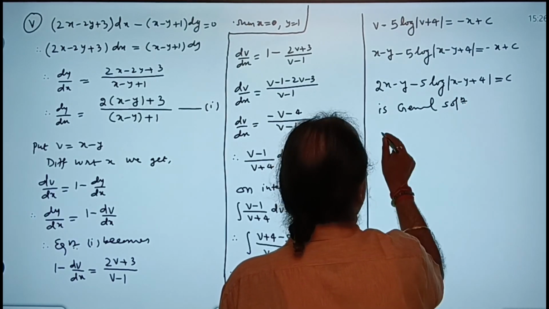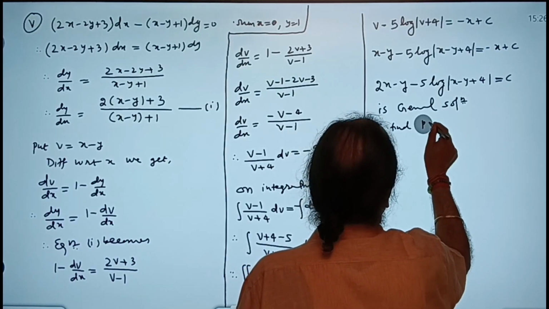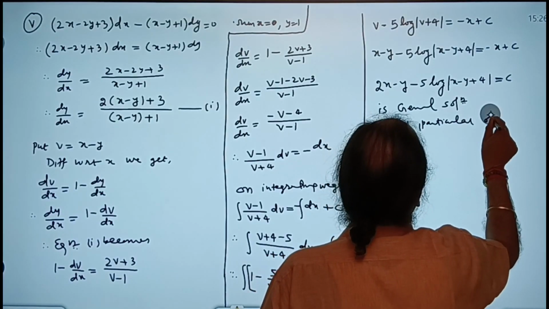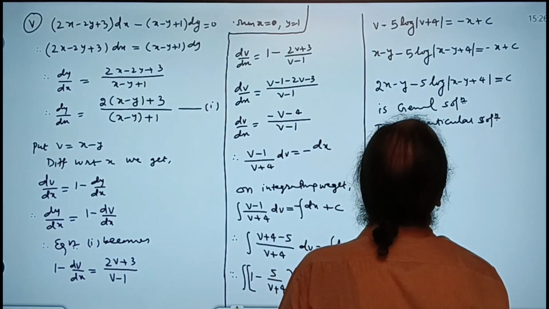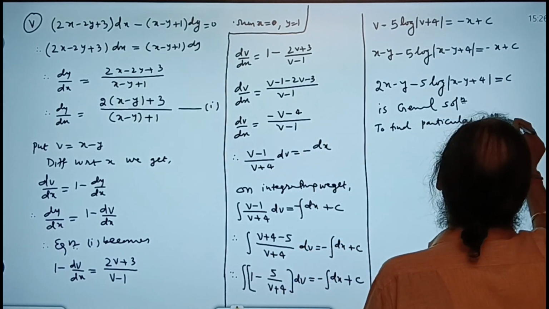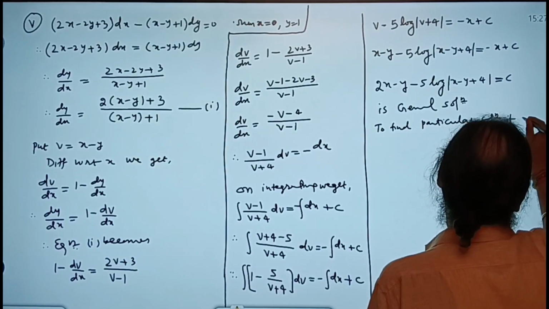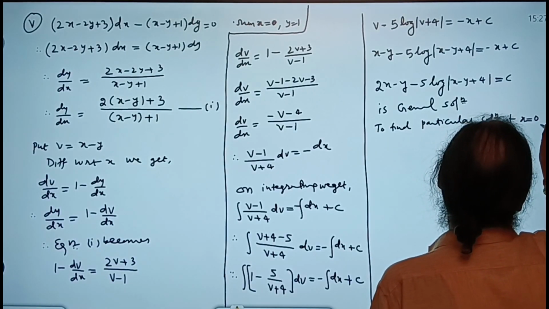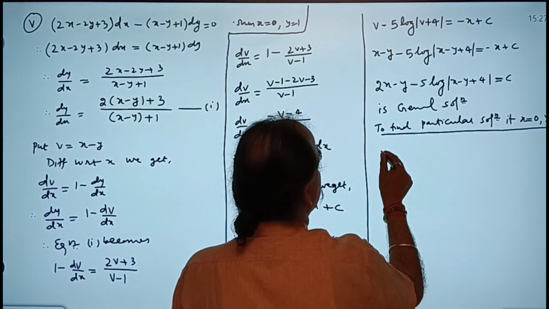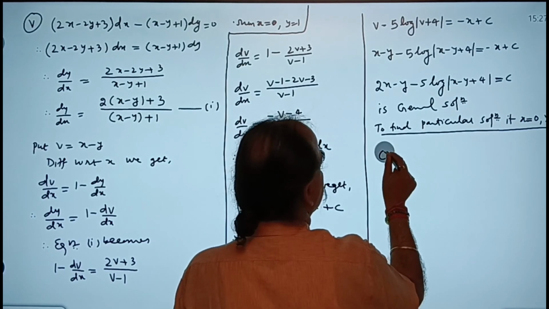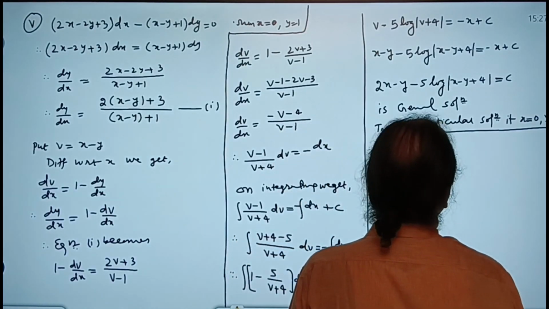To find the particular solution, put x 0, y 1: 0 minus 1 plus 4 is what? 3.